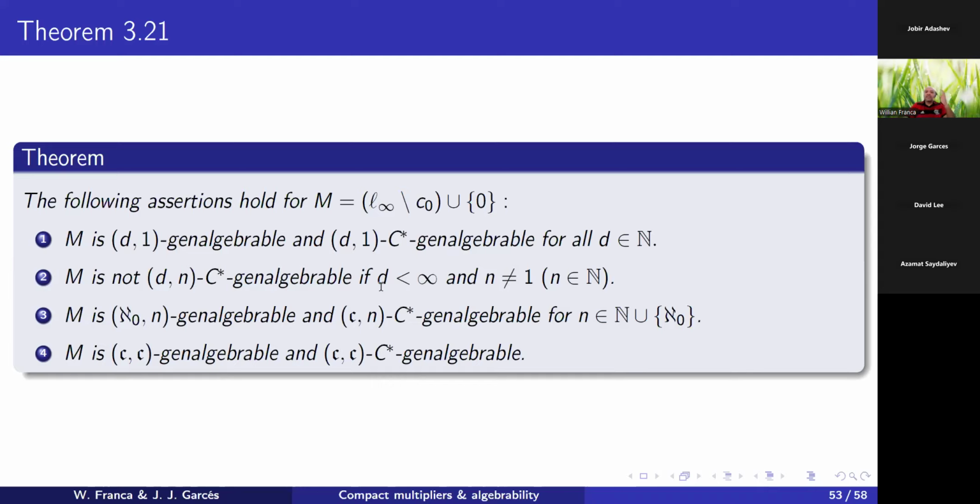So this is somewhat quite surprising from the algebrability point of view. All right, and so far, I have not seen any results of such nature, where you have problems only when you consider the finite part, which is surprising, all right?